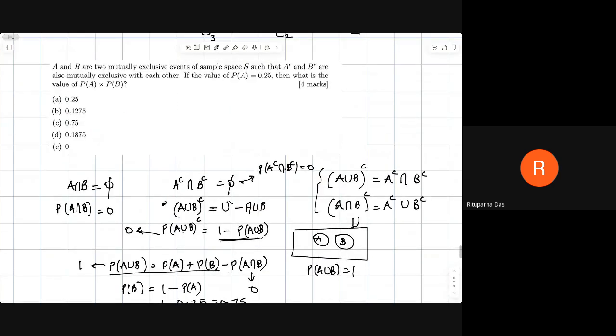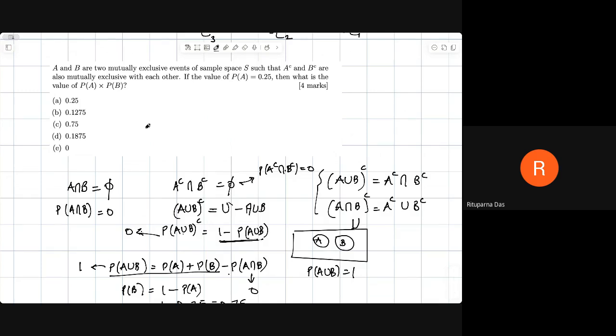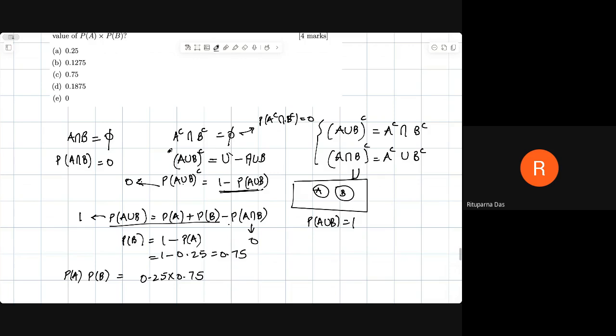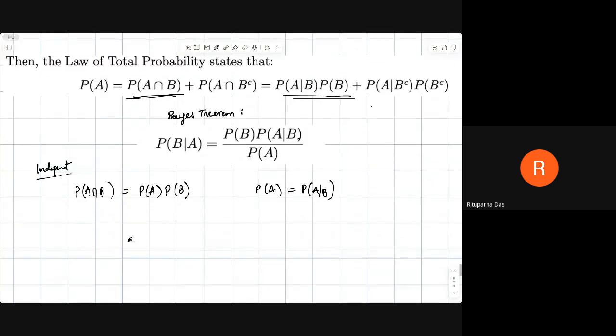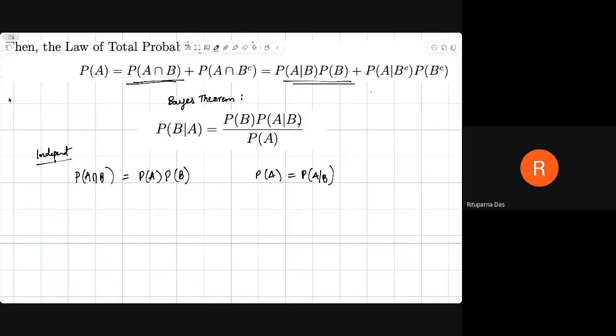So this was not independent, this was conditional. We can say these two events are conditional from the value of P of A intersection B and the value of P of A into P of B. So this is the difference between when we have to use Bayes theorem, and when the two events are independent.